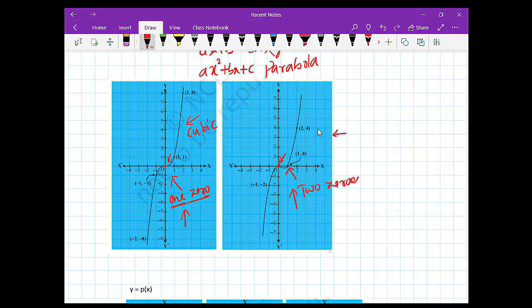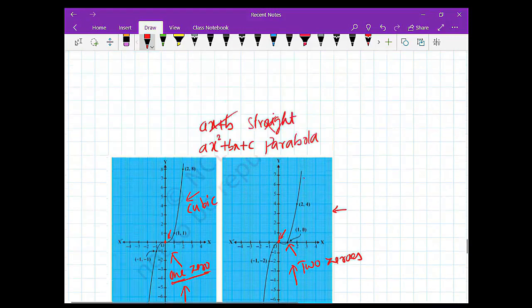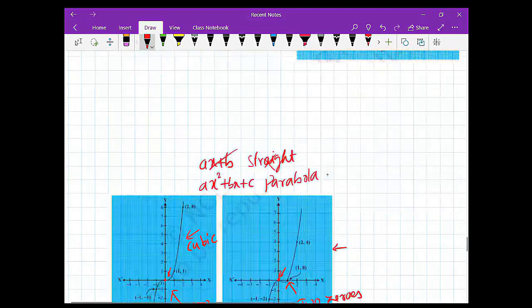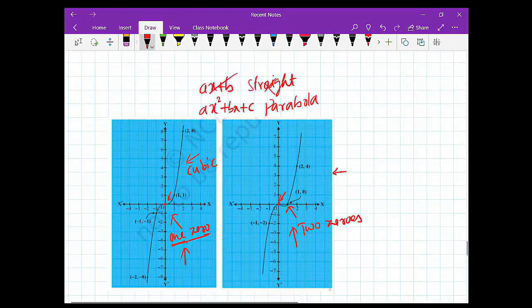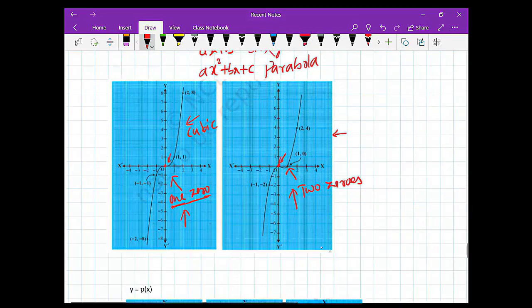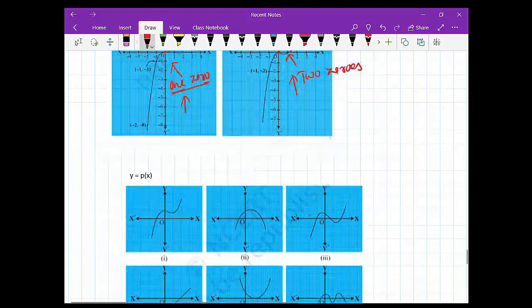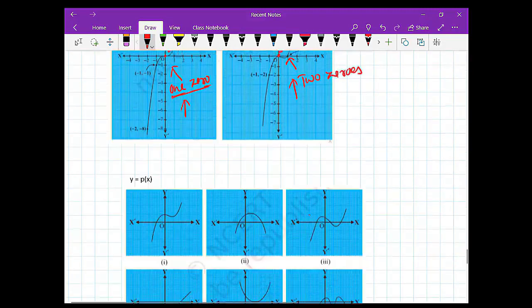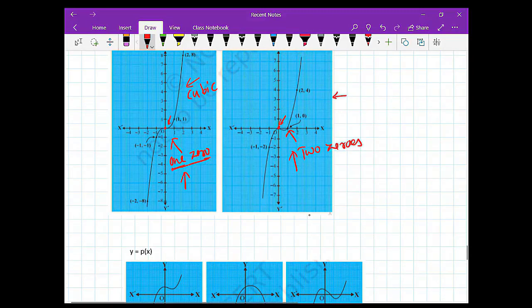In the first one, three zeros are there. In the second curve only 1 zero, and in the last curve two zeros are there. That many zeros we get, that many x-intersecting points, x coordinates. At that time y becomes 0.